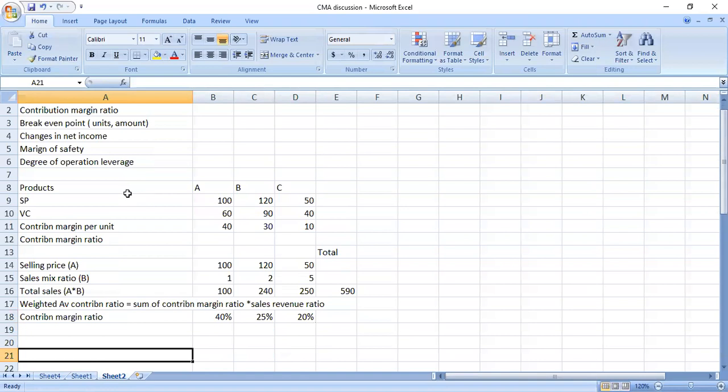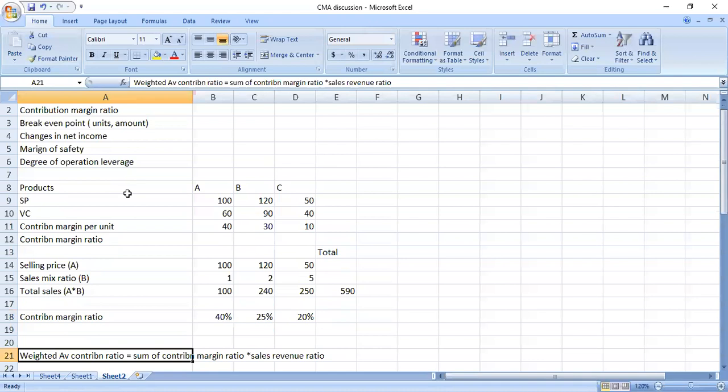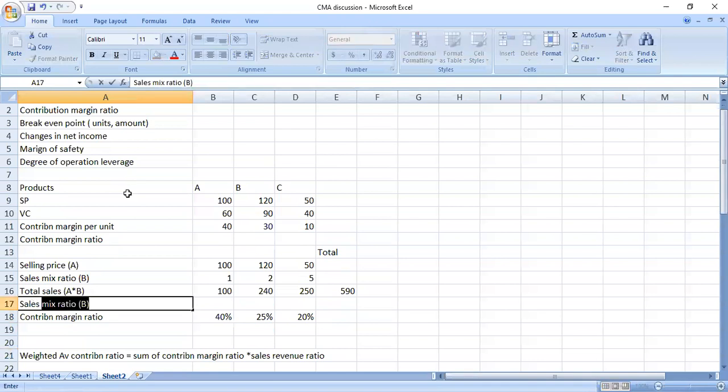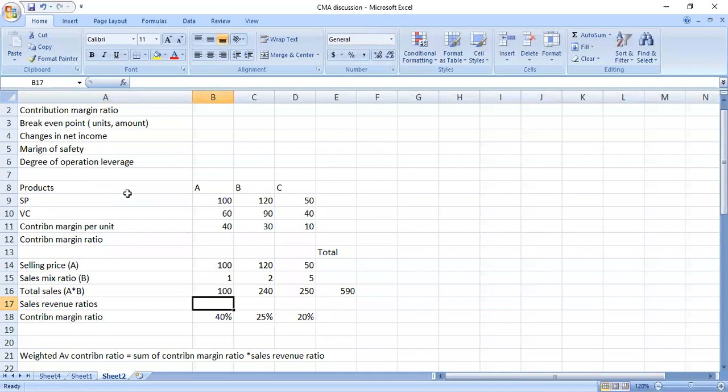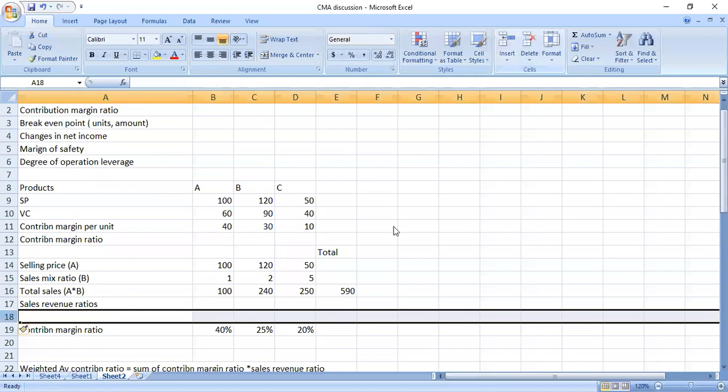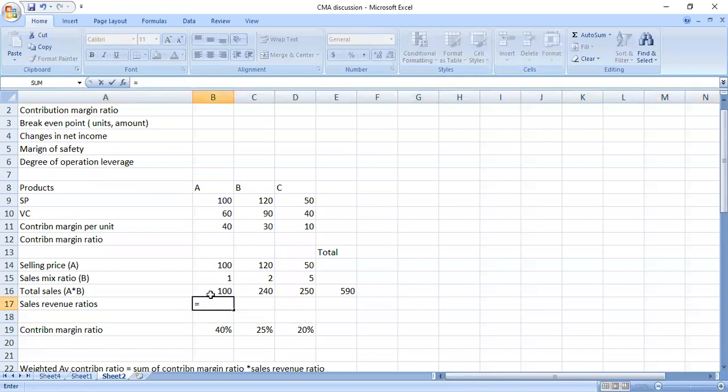So let's get the sales revenue ratios for each product now. Remember, it's not the sales mix ratio, it's the sales revenue ratio. We got a total of 590. So to get the sales revenue ratio for product A, it will be 100 divided by 590.